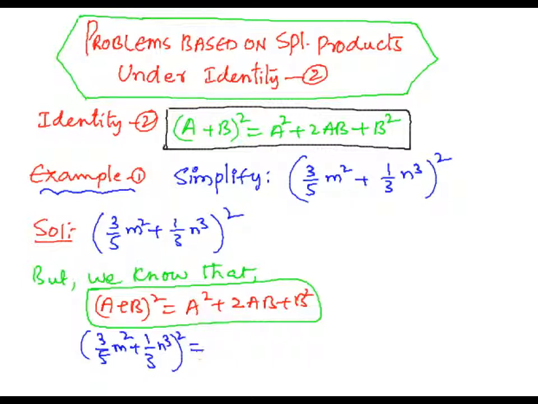So first of all let us compare the terms. By comparing the terms we have to replace a by 3/5 m square, and we have to replace b by 1/3 n cube.